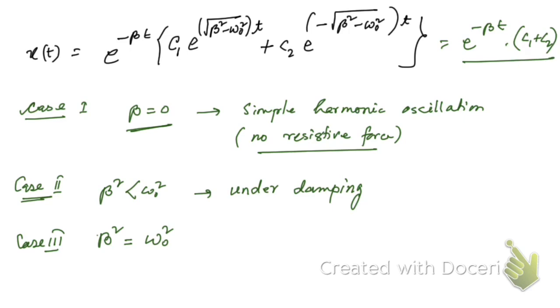So its graph should be something like this. Initially there must be displacement, but it dies with time, like this. There will be no oscillation, and because of this term we will get this graph. I will show the graph at the end. This is called critical damping.